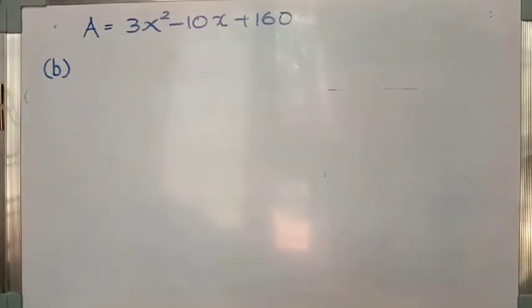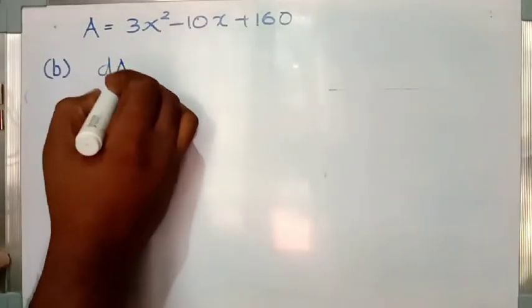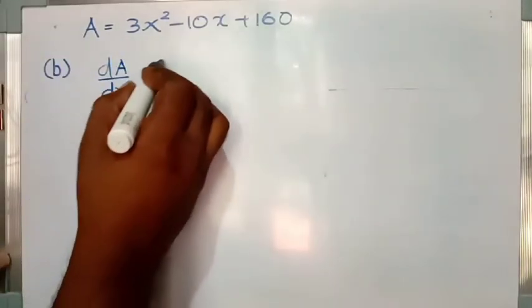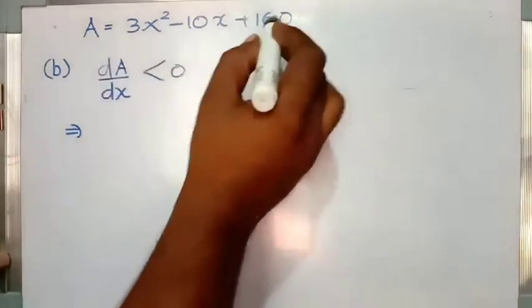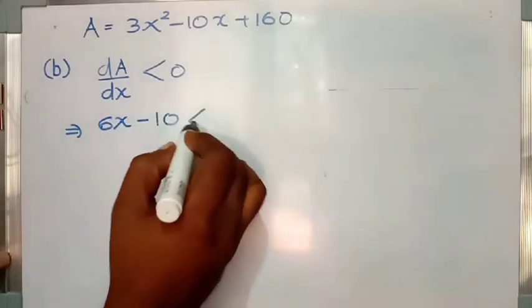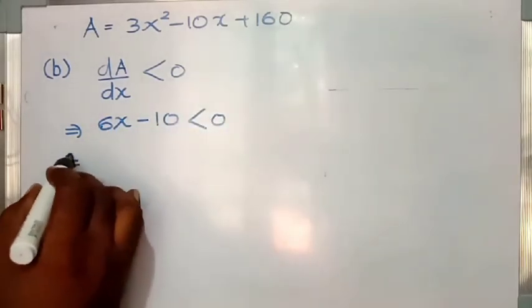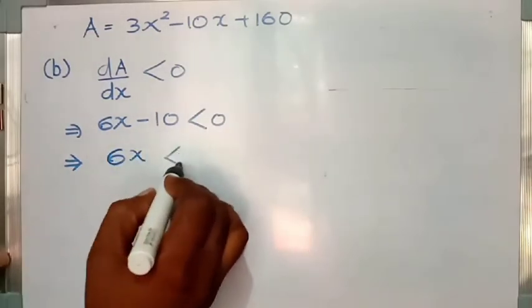And as per the question, the area is minimum, that means dA by dx equals 0. It implies we have to find out dA by dx. We get it as 6x minus 10 equals 0, or 6x equals 10.